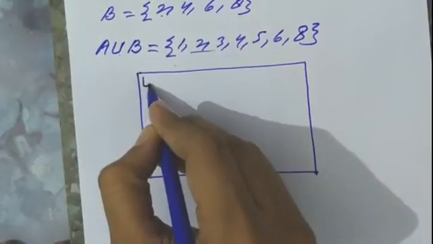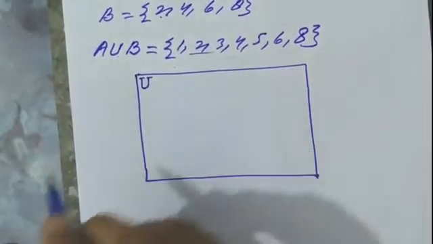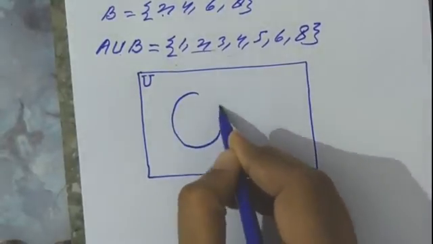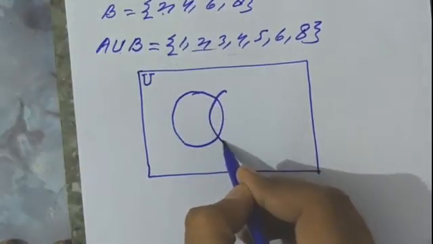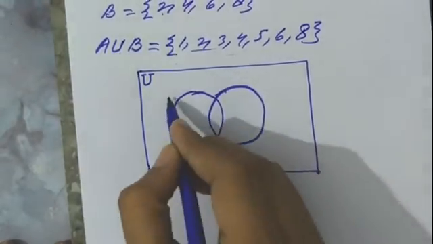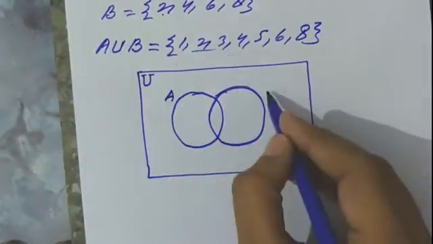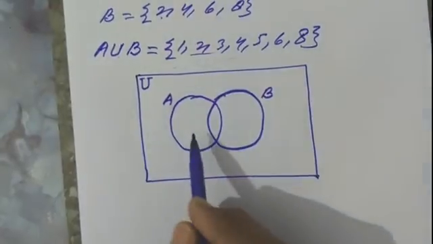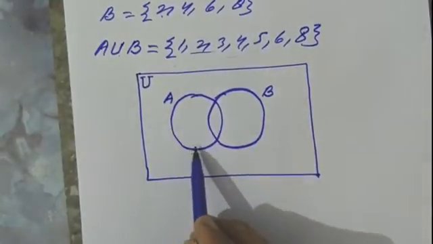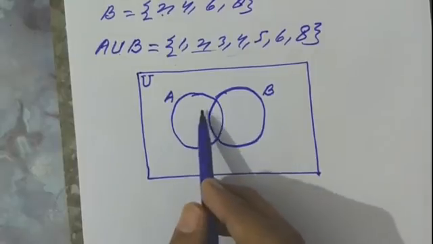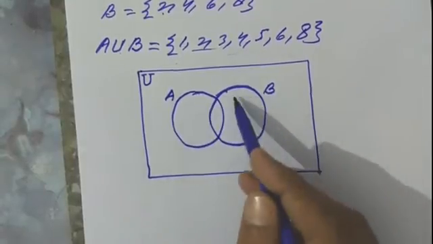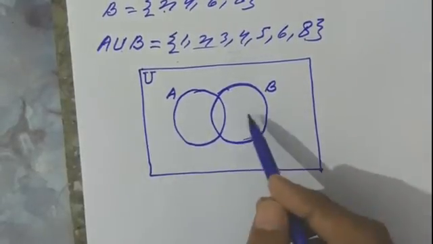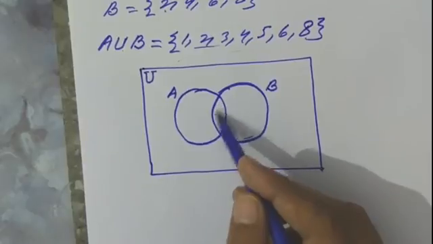In the corner we write capital U or psi, and we draw two intersecting circles. The first circle denotes A and the other one denotes B. As you see in this Venn diagram, this portion of A is uncommon, this portion of B is also uncommon, and this portion between them is common.